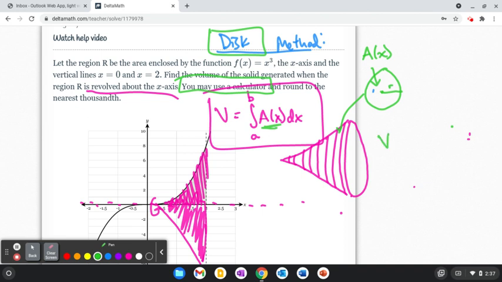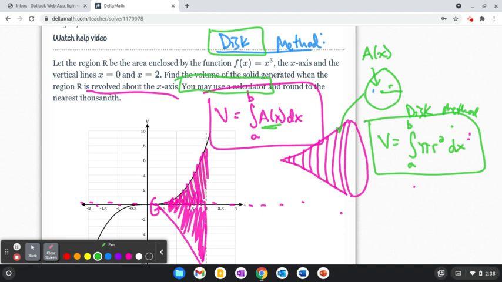So our volume for the disk method is then just the integral from a to b of pi r squared dx, because area is just pi r squared, right? The radius is the only thing we really have to figure out, because that's the only thing we don't know. Pi is just obviously a constant.